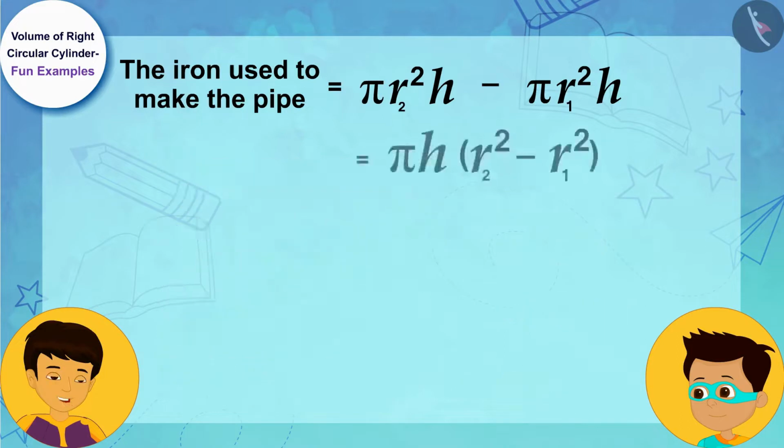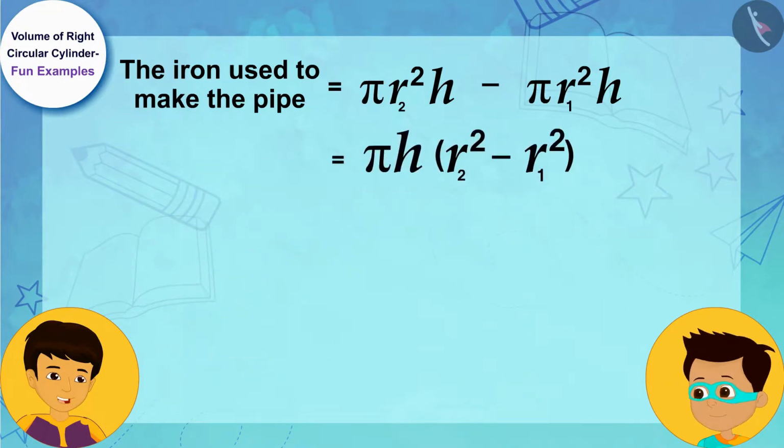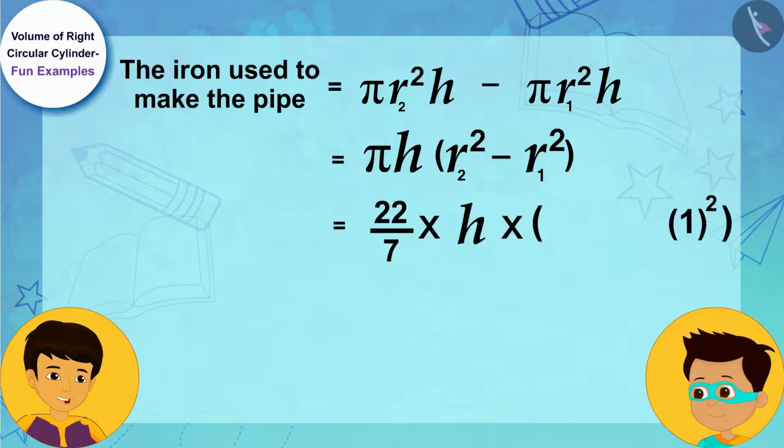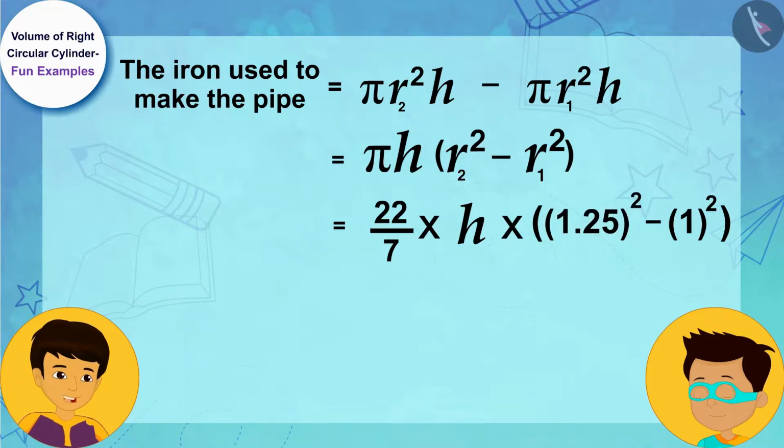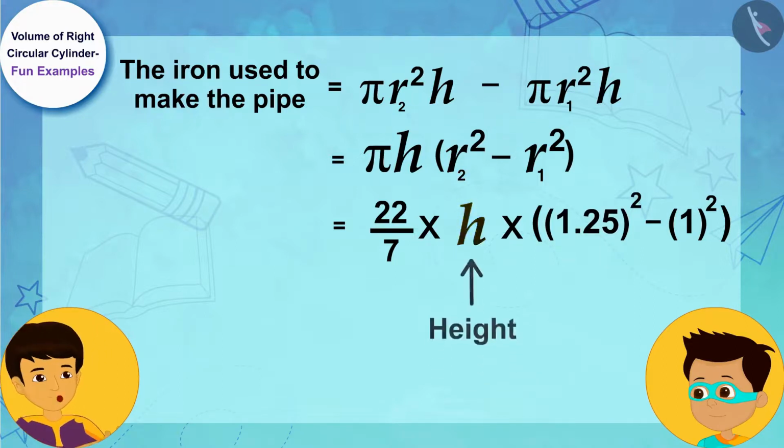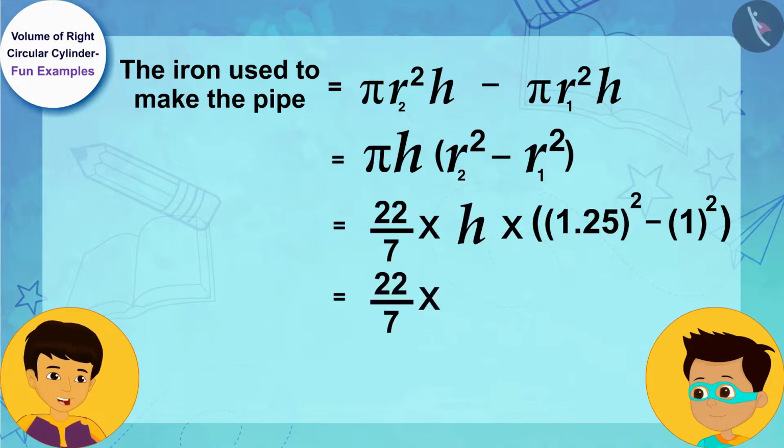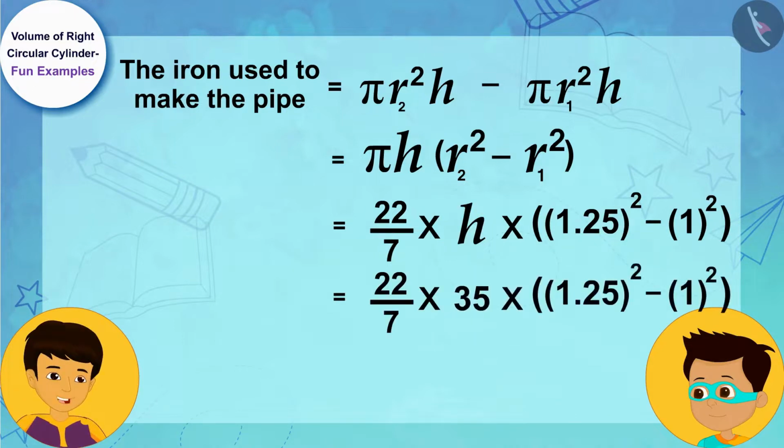Let us now write the radius of the inner cylindrical part, 1 centimeter, instead of r1 and the radius of the outer cylindrical part of the pipe, 1.25 centimeters, instead of r2 respectively. And then also write the height of the pipe, 35 centimeters, instead of h.